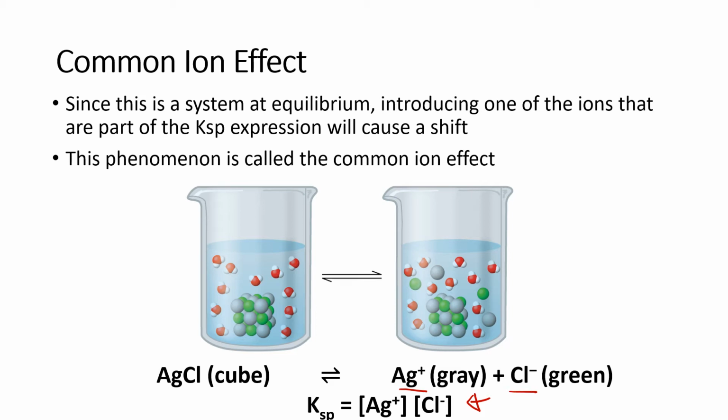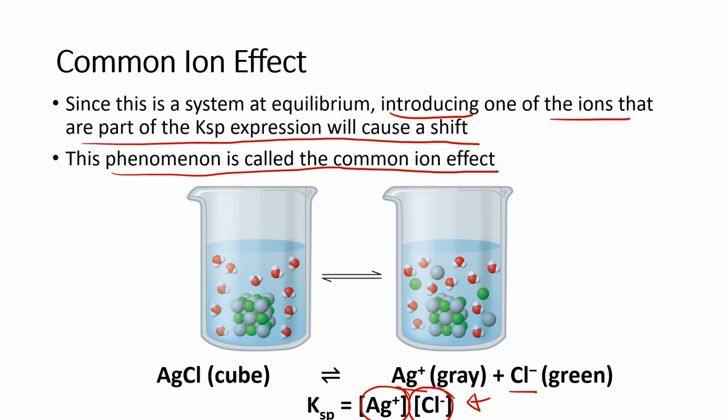If you add more of the solid, it won't affect the overall equilibrium constant, but if you add more of either one of these two ions, it will affect one of the two concentrations. So if we introduce one of the ions that is part of the Ksp expression, this will cause a shift. This is actually called the common ion effect. So if we add either chloride or if we add silver, this will cause a shift, and that is called the common ion effect.